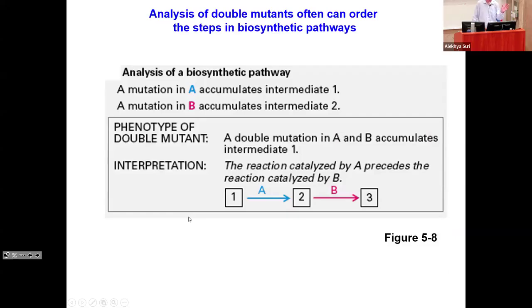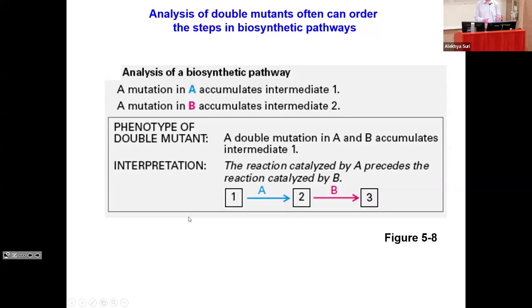another thing we can determine is the order of events, like steps in biosynthetic pathways. For example, you have a mutation in gene A or a mutation in gene B, depending on what metabolic intermediate will increase.